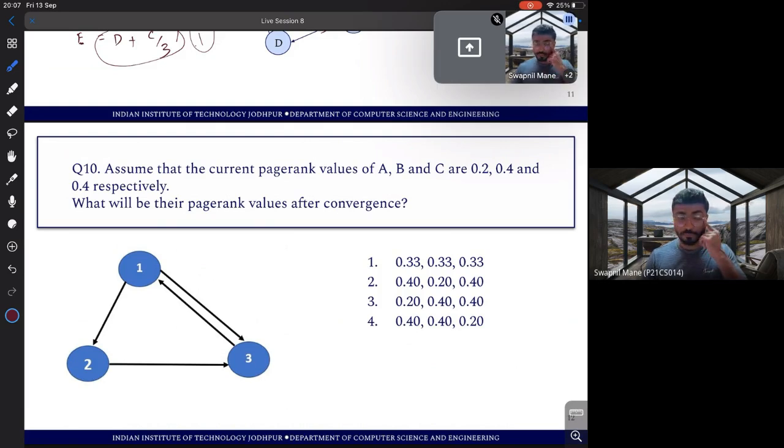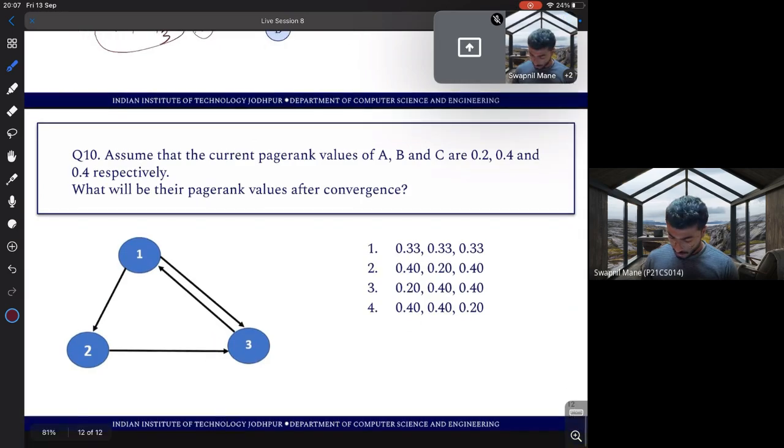And we multiply that matrix by a random vector, then multiply the resultant vector again by the original matrix. We repeat this process, and at a certain point we get a converged vector, right? The converged vector represents the PageRank of each node.